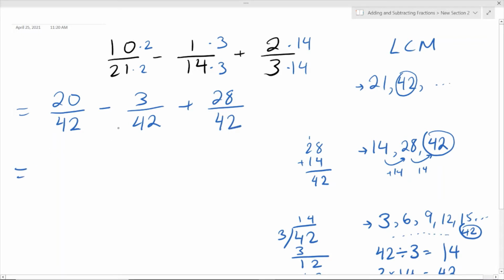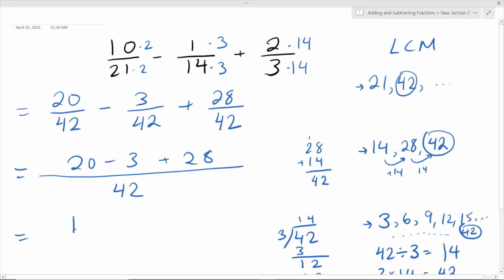And now, since we have the same denominator, combine these, right? This is just 42. Same denominator for the final fraction. So we have to do 20 minus 3 plus 28. 20 minus 3 is equal to 17. So 17 and then plus 28, right? We combine this part. And then this is over 42.